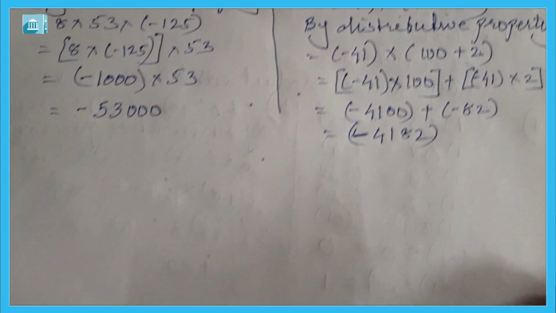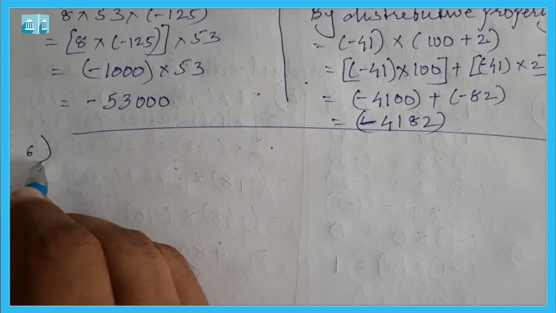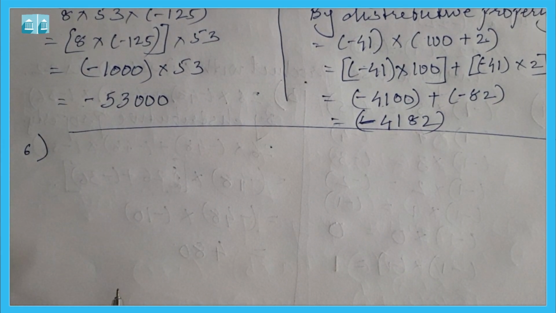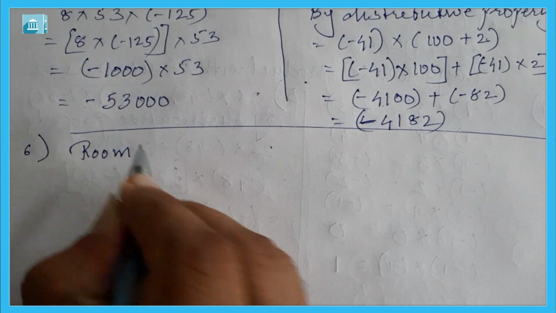Now let us see question number 6. Question number 6 is: a certain freezing point requires that the room temperature be lowered from 40 degrees Celsius at the rate of 5 degrees Celsius every hour. What will be the room temperature after 10 hours after the process begins? तो रूम टेम्परेचर कितना था पहले?